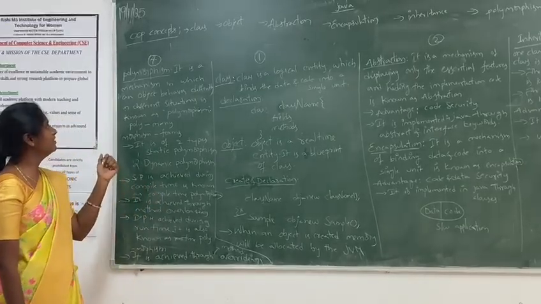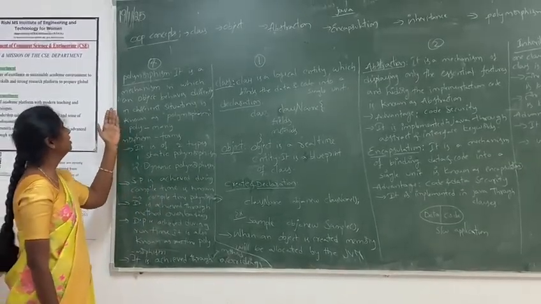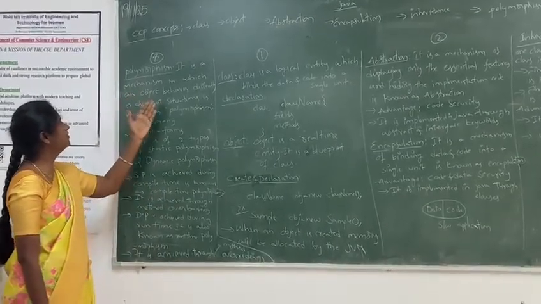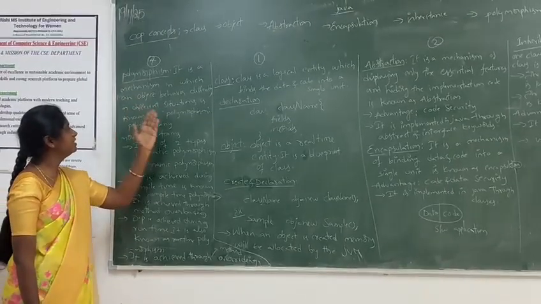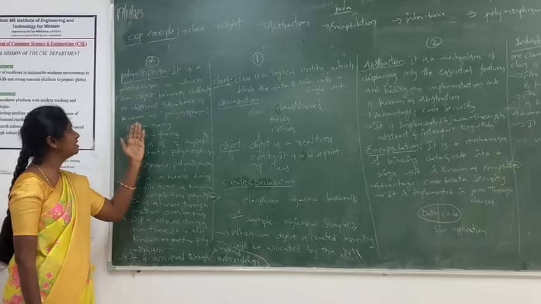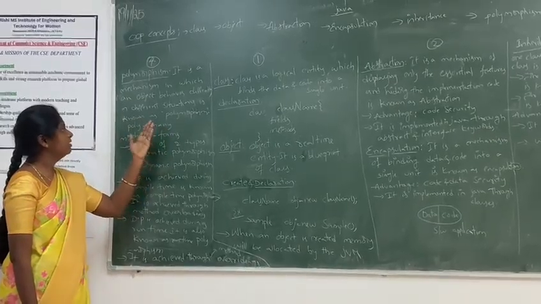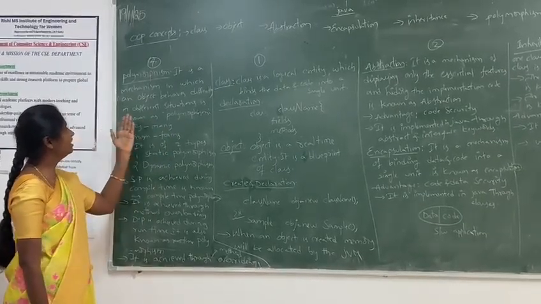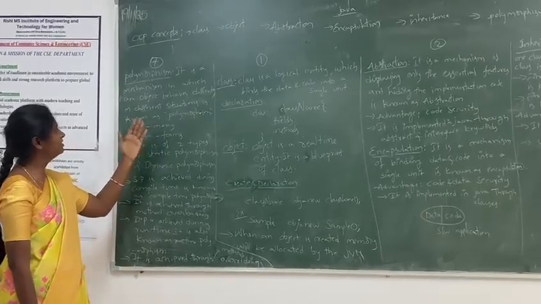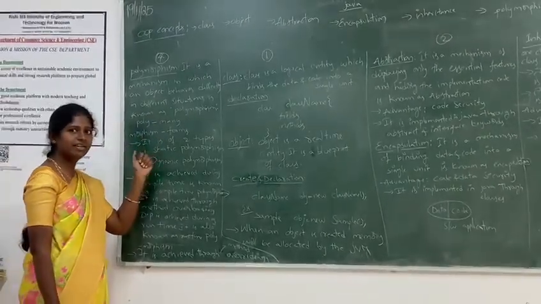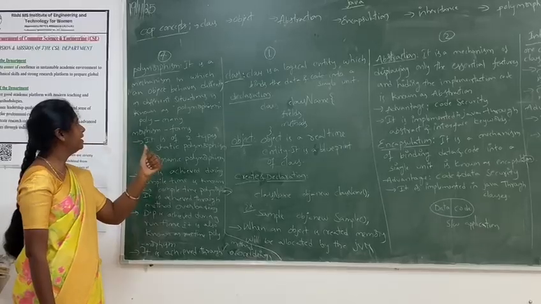Coming to the definition, it is a mechanism in which an object behaves differently in different situations, known as polymorphism. Padma is one object and behaves in different situations as a wife, as a faculty, and as a parent.